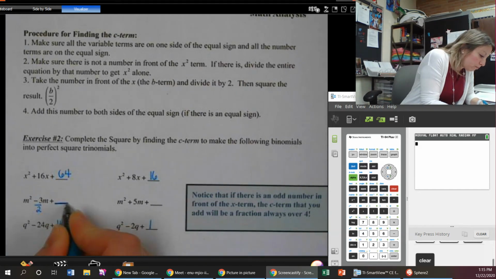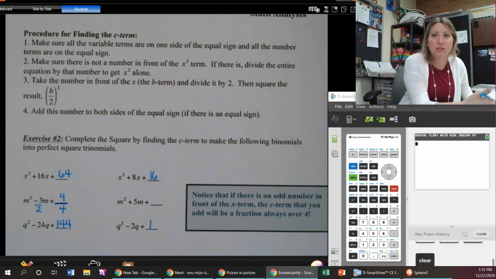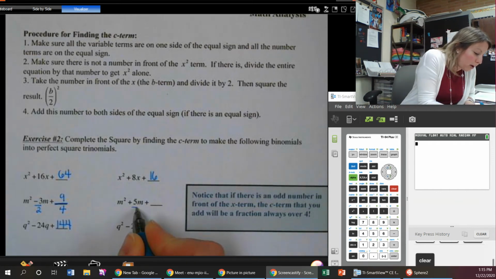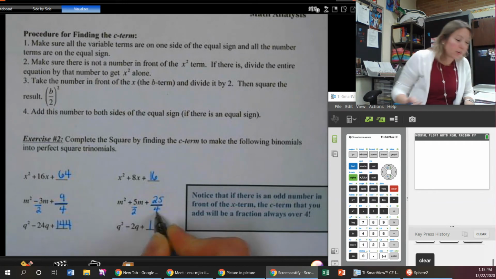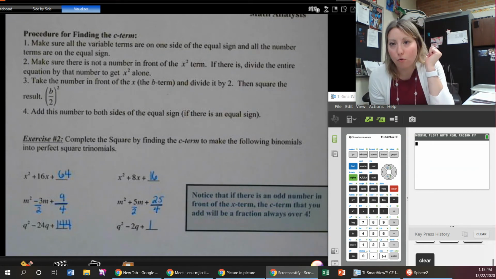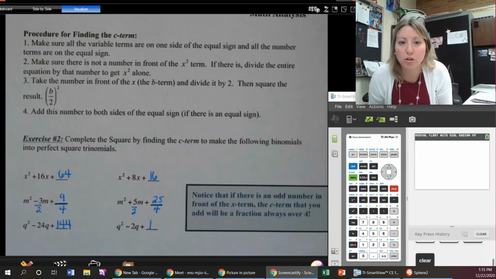So 3 squared is 9, 2 squared is 4. Add 9/4 to both sides, or in this case, that one spot. 5 over 2. Okay, 5 squared is 25. 2 times 2 is 4. When you have an odd b term, you're going to add a fraction, and it's going to be a fraction over 4. All you do is square the b term, put it over 4. That's what you put at the end.